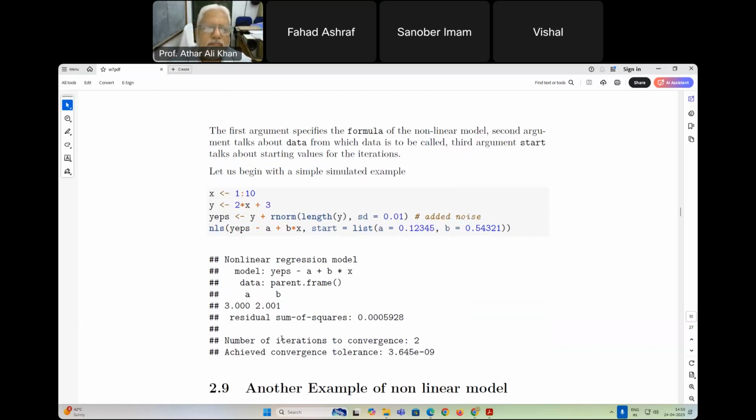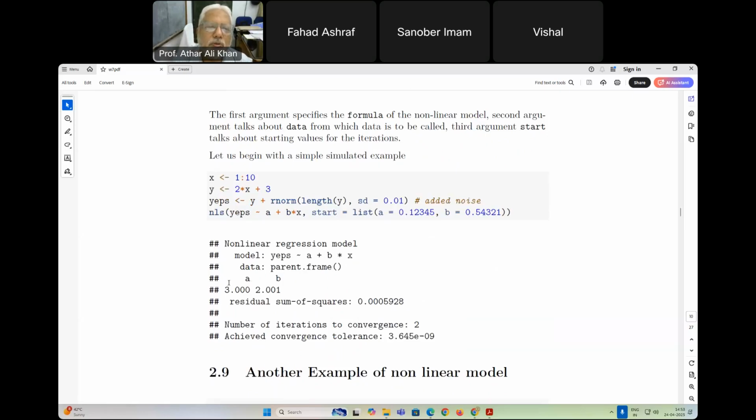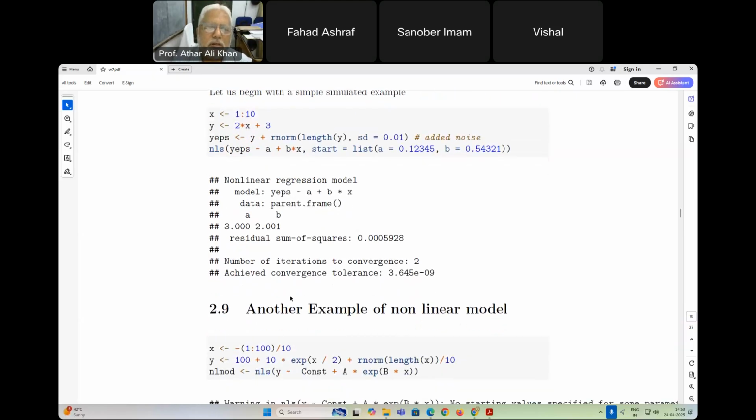This is the value reported: a is equal to 3, b is equal to 2. We already know that a is equal to 3 and b is equal to 2 here. So we are getting the same results.